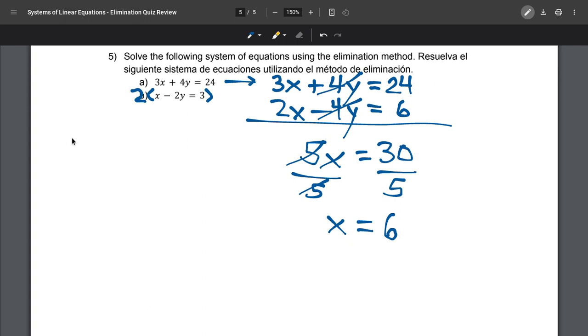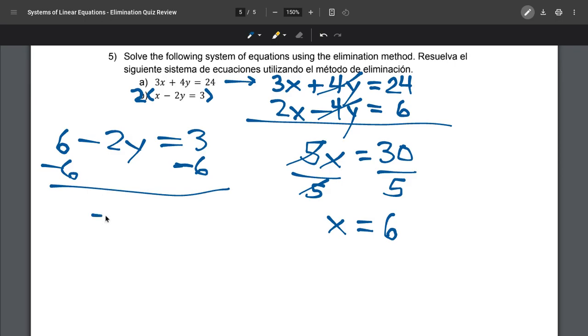Okay, so now we could just take this bottom one, the original, and we could say 6 minus 2 times y equals 3. We then subtract 6 from both sides. We get a negative 2y equals 3 minus 6, so negative 3. Divide both sides by negative 2.